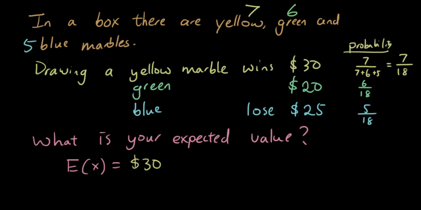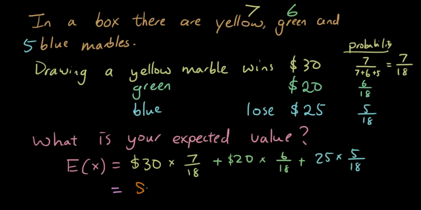So the expected value is going to be 30 times 7 out of 18, plus 20 times 6 out of 18, plus 25 times 5 out of 18, and let's see what the answer is.